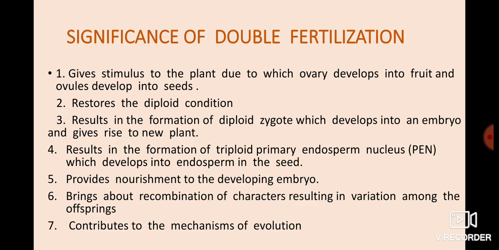It restores the diploid condition, helps in the formation of a diploid zygote, results in the formation of the primary endosperm nucleus, also termed PEN, which provides nourishment, brings about recombination of characters, and even sometimes brings variation. That's why it helps in the mechanism of evolution.